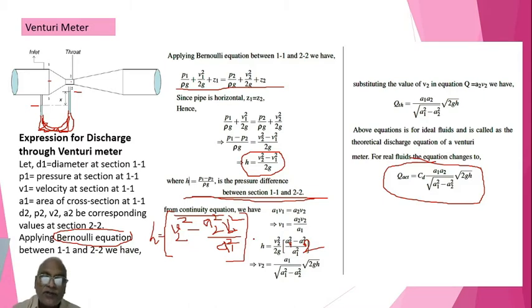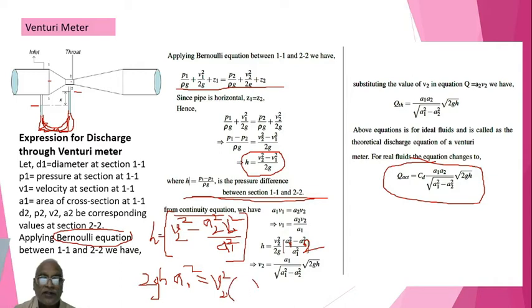From this one can write the expression for V2, because this 2gH can be taken on this side, so that you will be having 2gH times A1 squared is equal to V2 squared into bracket (A1 squared minus A2 squared).